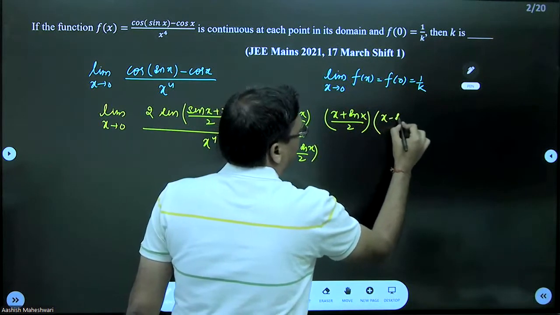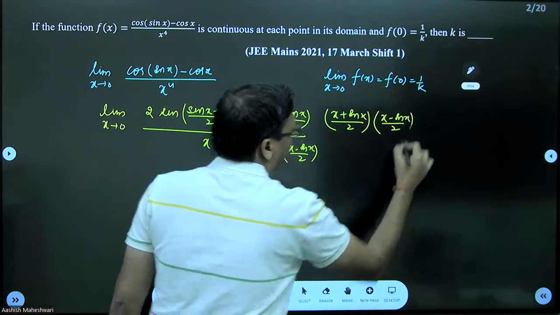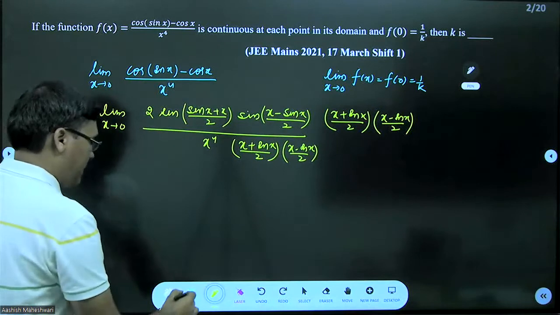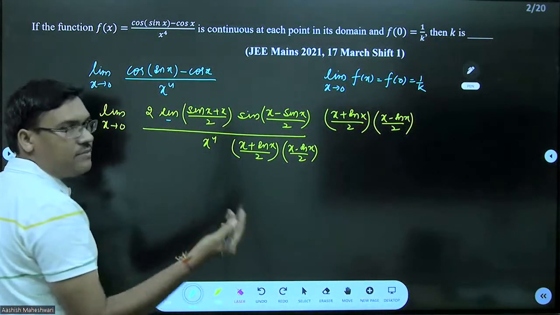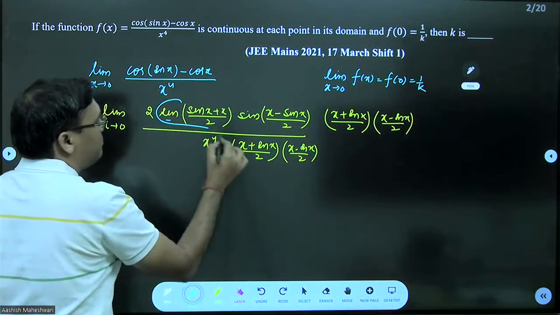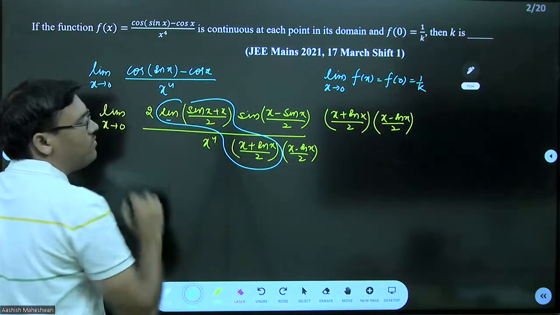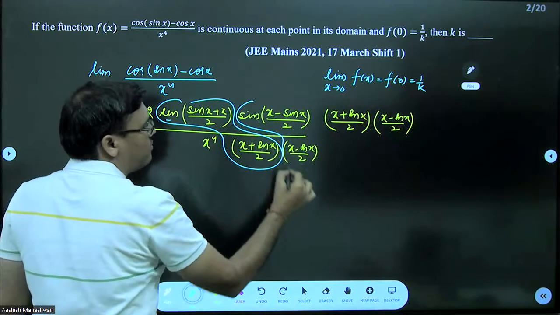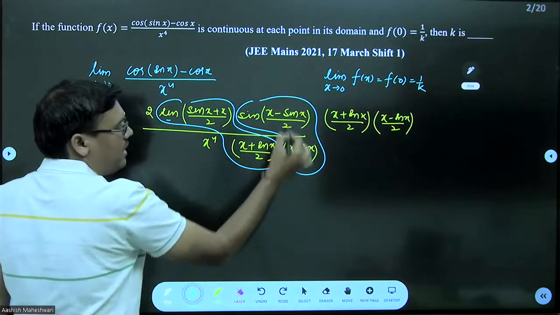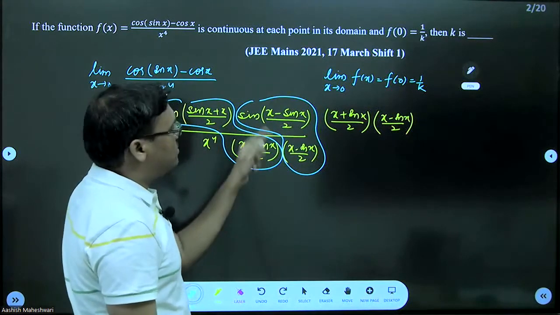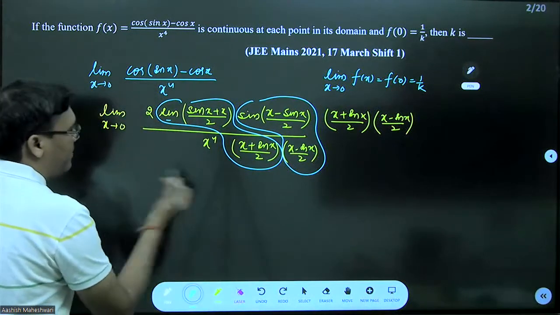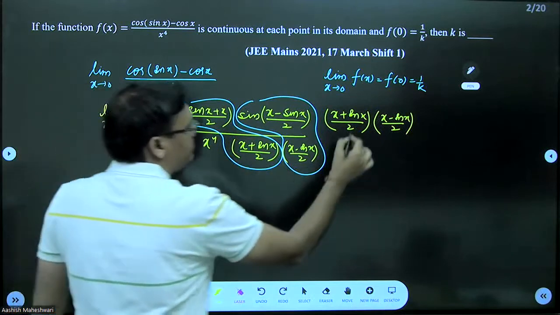Now you see here, as x approaches 0, this is sin t upon t, where t is approaching 0. So this limit will become 1. Similarly, this limit will also be 1, because this is sin t upon t, where this angle is approaching 0. So this is 1. So effectively, the 2 also cancels.